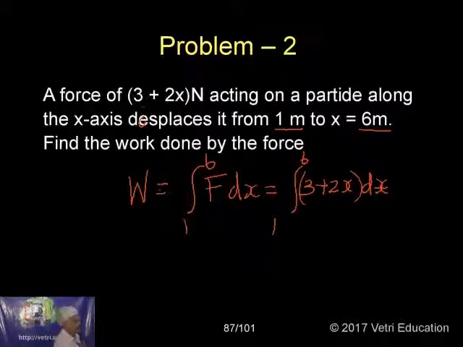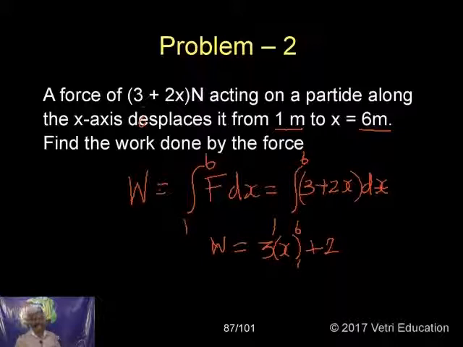How can you integrate it? You know the procedure. W is equal to integral of 3 dx. We have to separate these. 3 is a constant. Integral of dx is x, for which we have to apply the limit 1 to 6. Plus, here 2 is a constant.